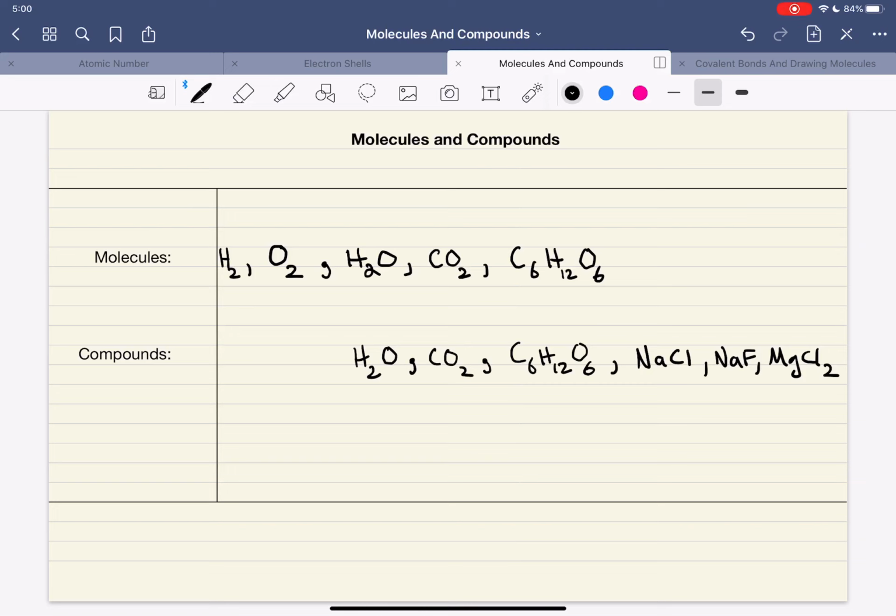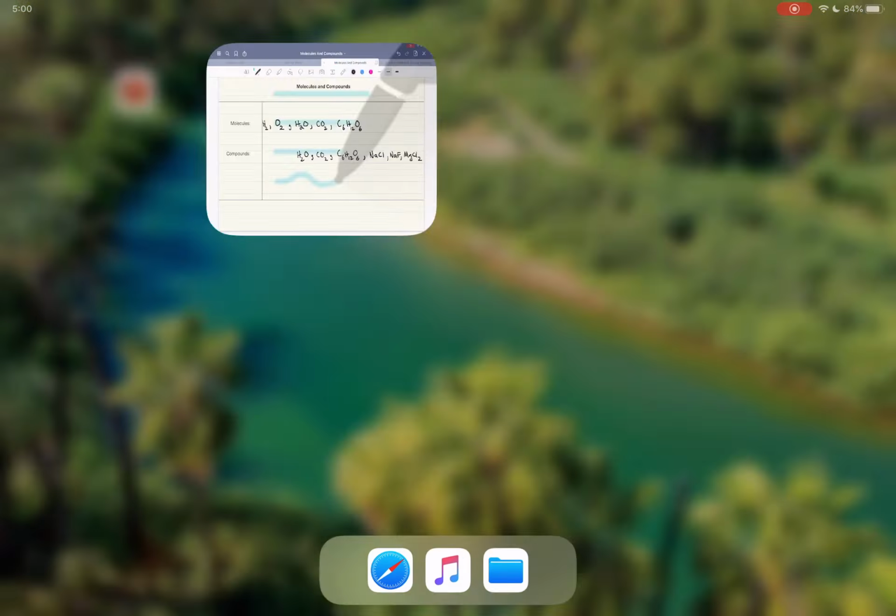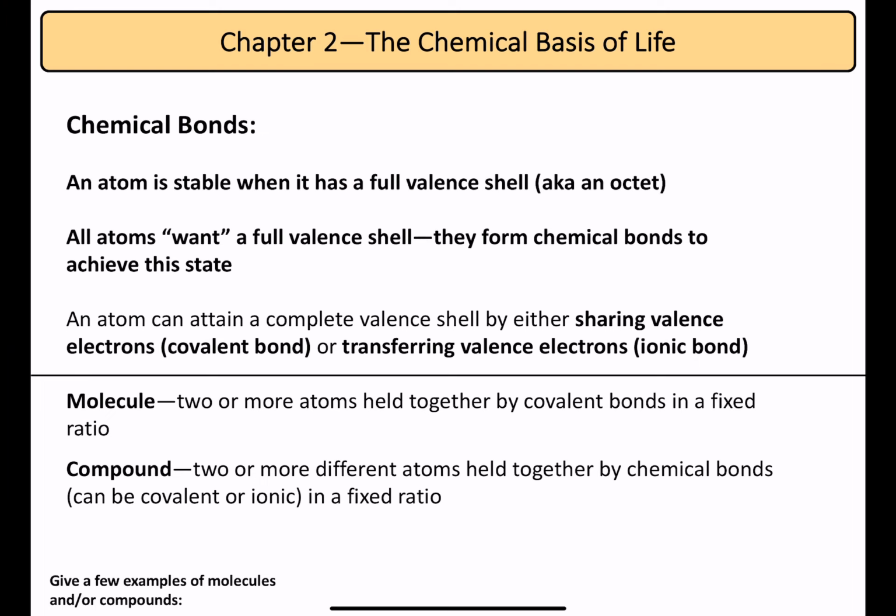They are not molecules, those last three, because they're not held together by covalent bonds. As we're going to learn, salts are held together by ionic bonds. So not super important, but I oftentimes use the word molecule unless I'm talking about a salt, because I can't be wrong, okay? Because it fits both. But that's the specific definitions to it.